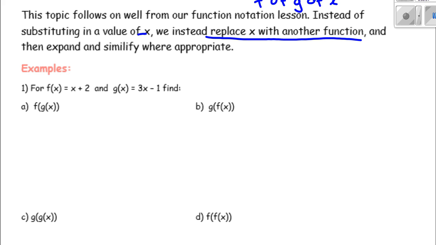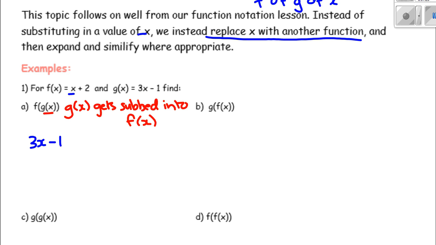Notice what it means is g of x gets substituted into f of x. So f of x is x plus 2. So f of g of x would be, instead of x, we're going to put 3x minus 1, and then we've still got plus 2 there.